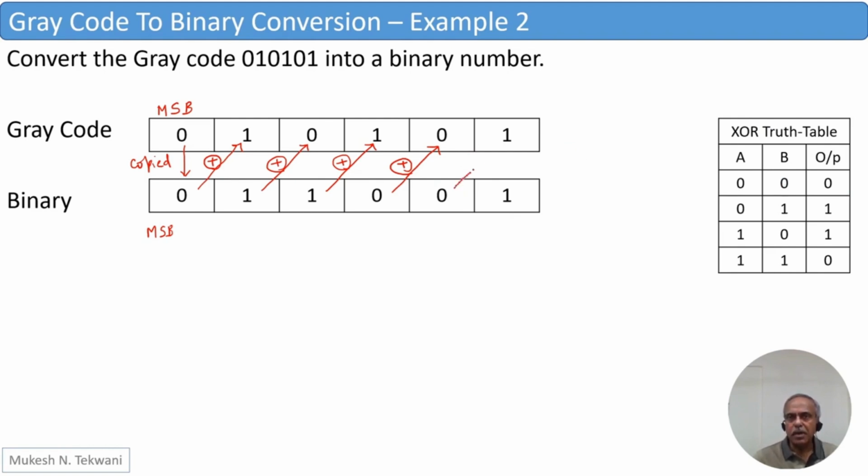And here we have 0 XORed with 1, that gives us 1, and therefore we can say that 010101 of the gray code is equivalent to 011001 of the binary. So this is how we convert a gray code into its equivalent binary value.